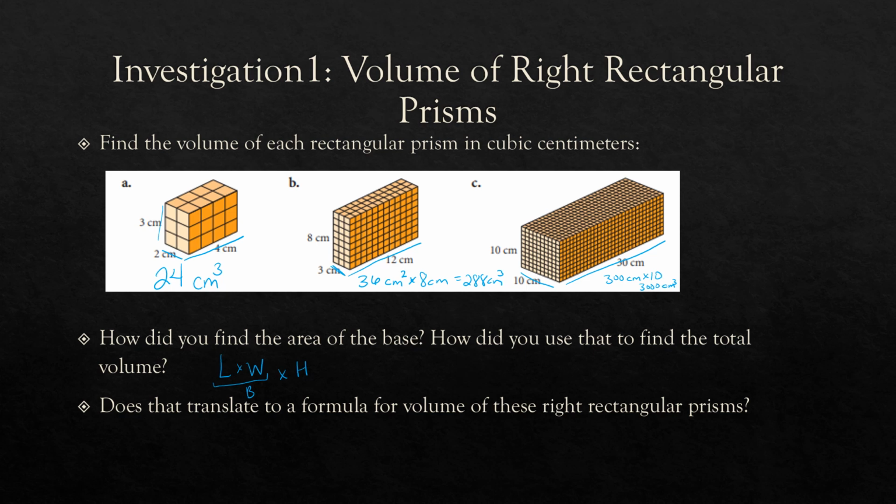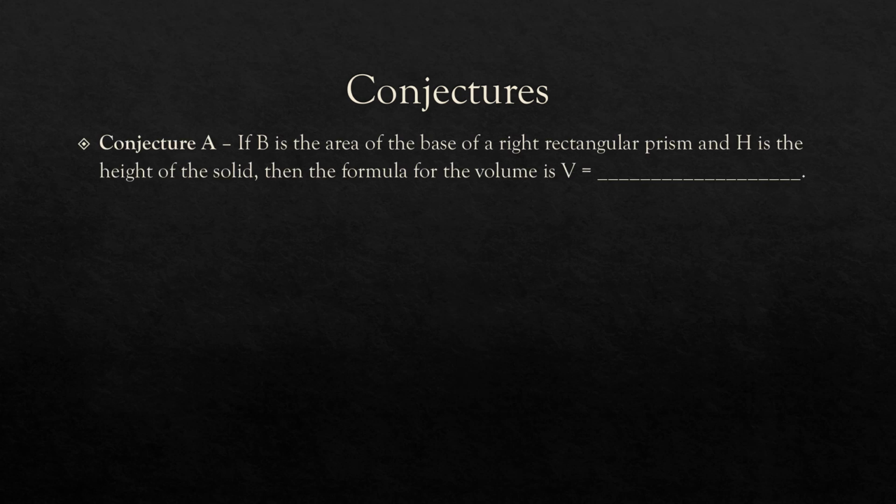What formula could we use for these right rectangular prisms? Length times width times height. So if B is the area of the base, that was our length times width of a right rectangular prism, and H is the height, the formula for the volume would be the base times the height.